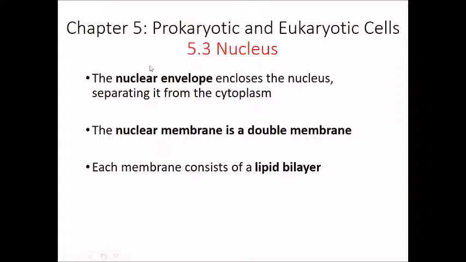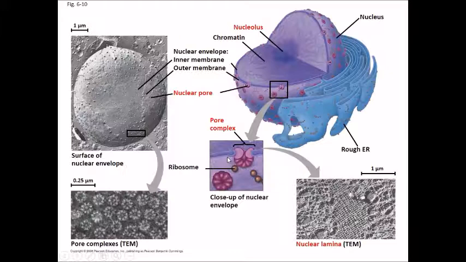The nuclear membrane is a double membrane which consists of an inner and an outer membrane, and each membrane consists of a lipid bilayer. This is how the surface of the nuclear envelope looks. As you can see here, the nucleopore is very obvious.